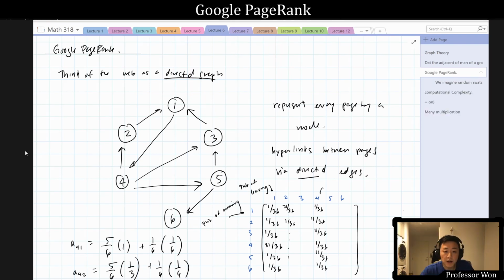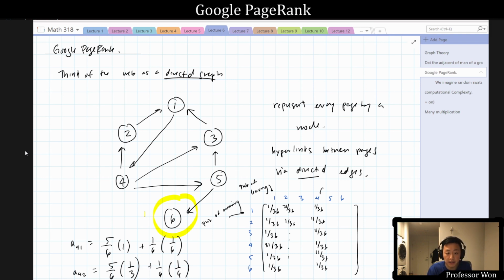Okay, but as you do this process, one thing to notice is that in this example, page 6 is actually kind of special because page 6 has no outgoing links, right? Which means that if you imagine a random surfer, then once they get to 6, they would be stuck there, other than the random teleportation factor. If you're not randomly teleporting, you have to click a link and there's no link to click.